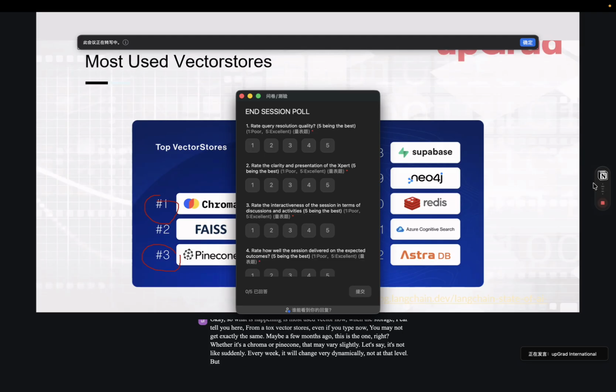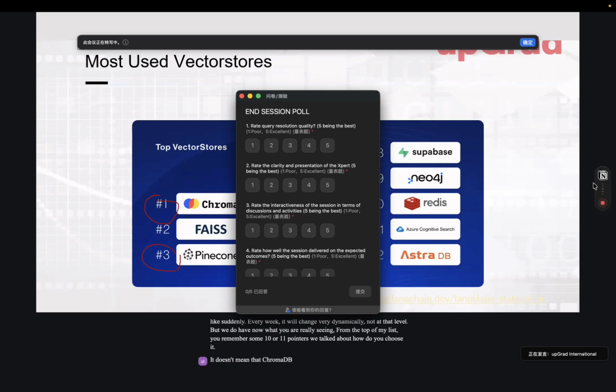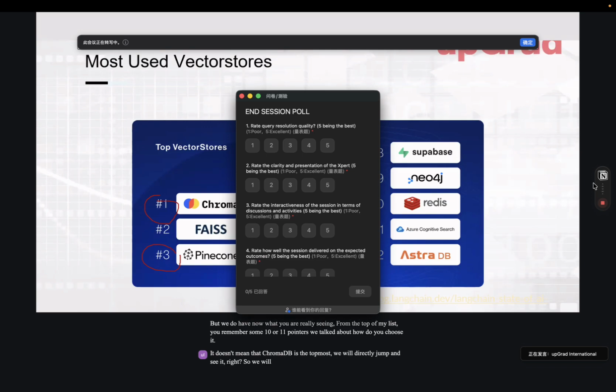But we do have the top 5 list now. You remember the 10 or 11 pointers we talked about, how do you choose it? It doesn't mean that ChromaDB is the topmost. We will directly jump in and see the reference of it and then get back to this.